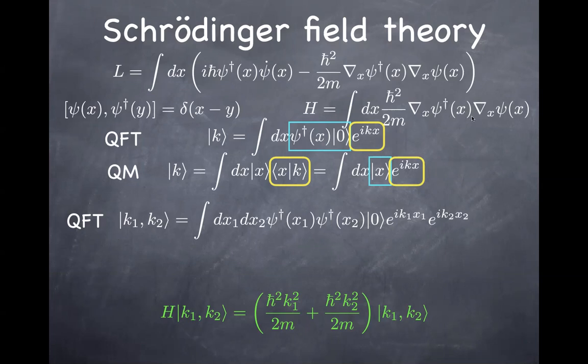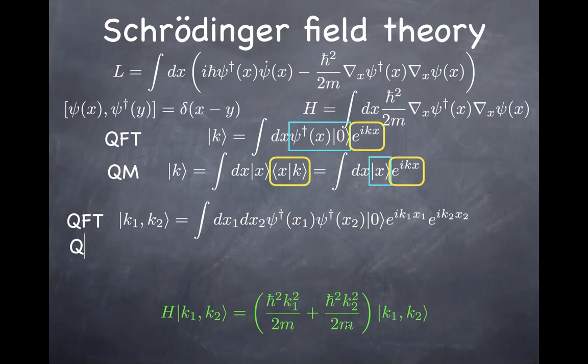And by, again, using the canonical commutation between psi in the Hamiltonian with either of these psi daggers, you find this is the eigenvalue. So this is the way you get what you used to have in quantum mechanics using quantum field theory language.